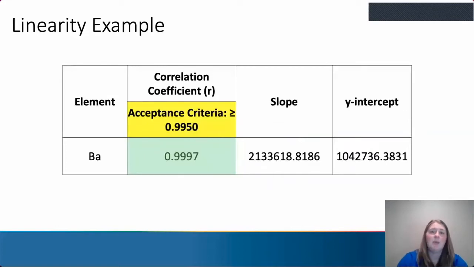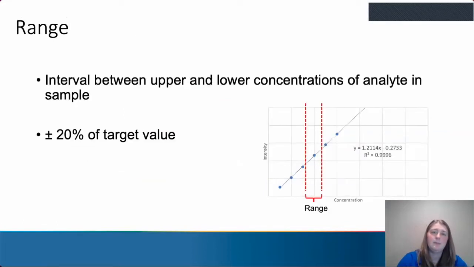Continuing with our example from before, the line here has a correlation coefficient of 397, which is acceptable per the criteria set by the customer. We can further limit the linear range by looking at what's called just the range.